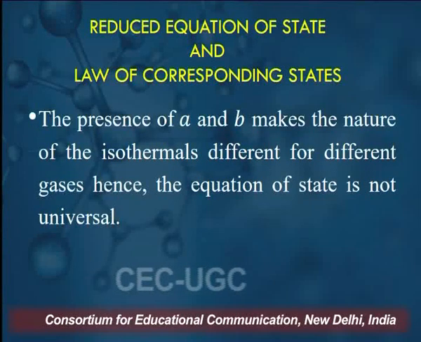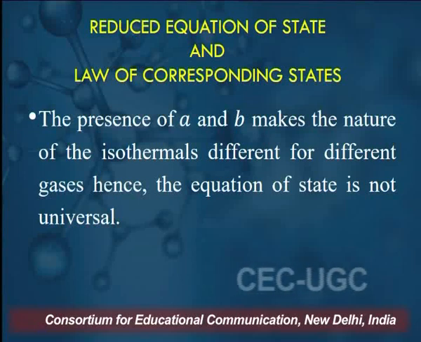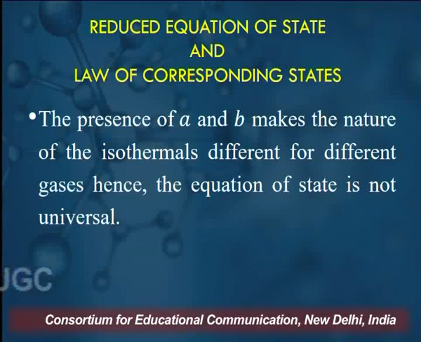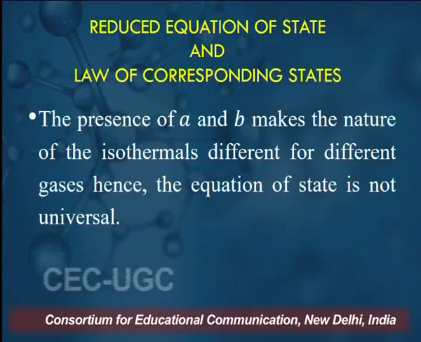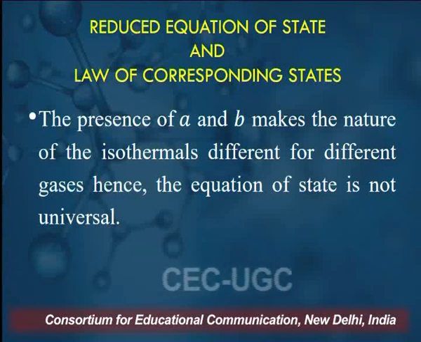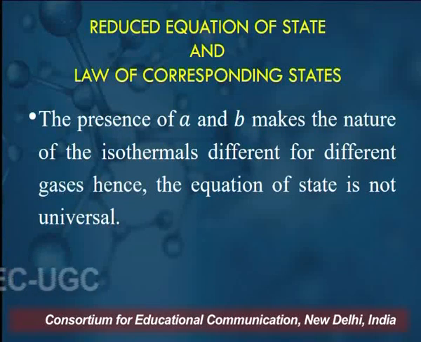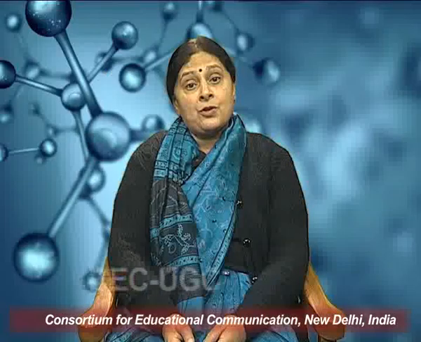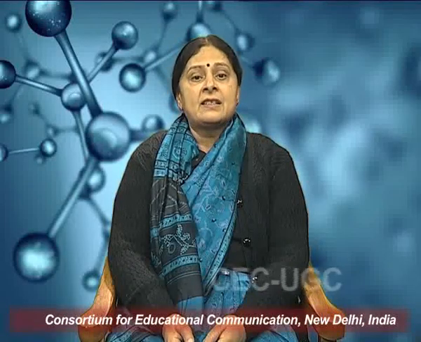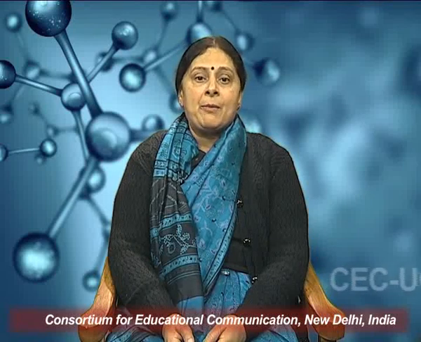But what is seen is that a and b are not constant; they vary at different temperatures and are different for different gases. Hence, we can say that the van der Waals equation of state is not a universal equation of state. So it needs certain modification to be applicable everywhere.